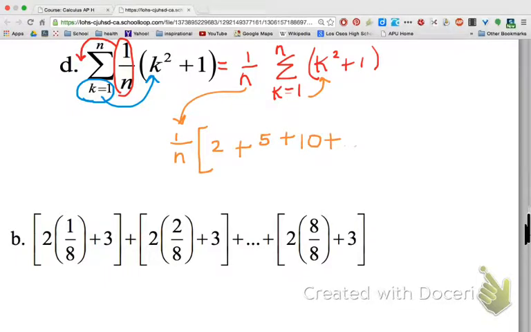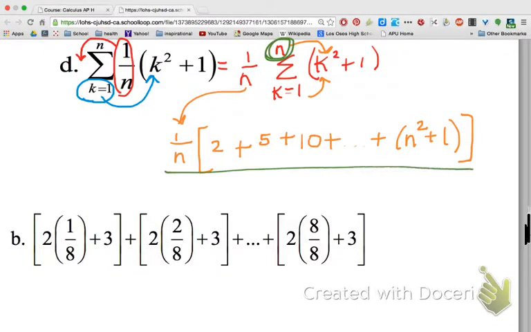And the pattern continues. And the last value that I'm going to plug in will be n squared. And since I have an indefinite value because I'm using n, it's going to look like an expression, not a number.